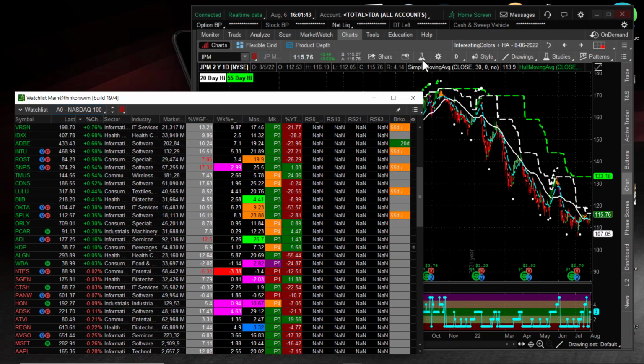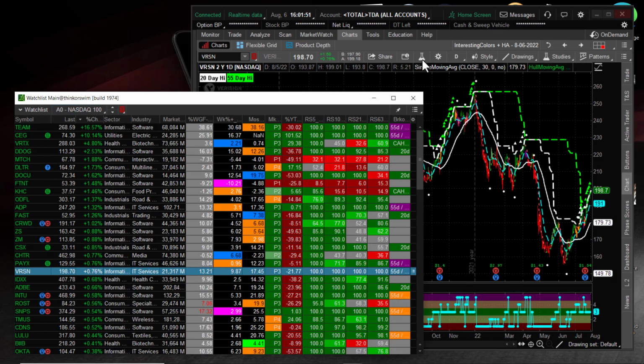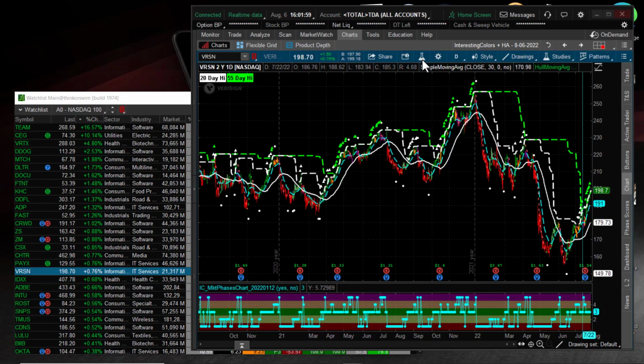Here are some other colors. If you see one that has two, it's orange, or this color here, this means that this was a 20-day / 55-day high. And like I was telling you before, if you're in this region where there are multiple green triangles, it means that this thing is going up.